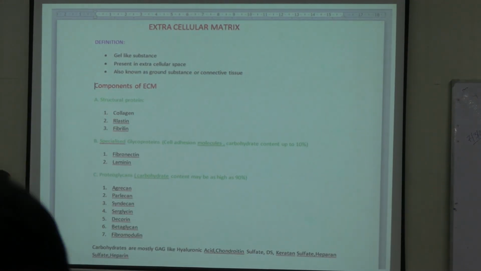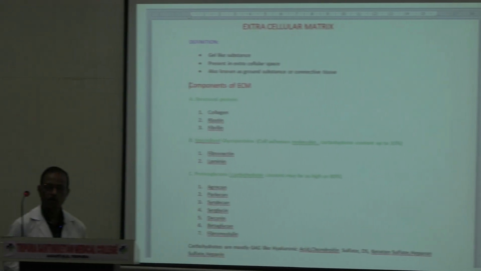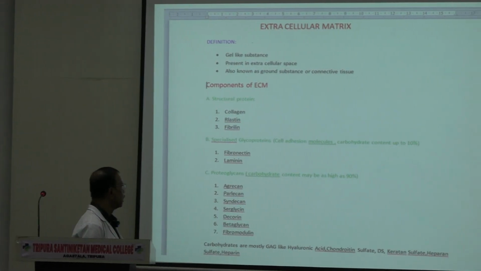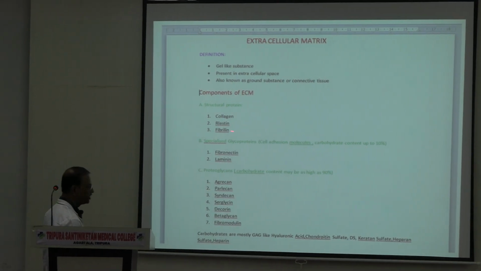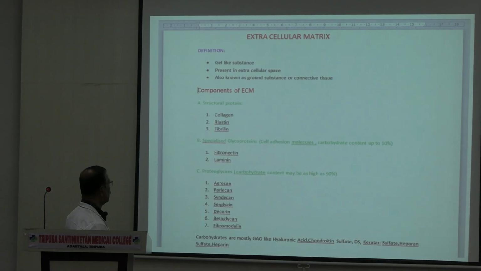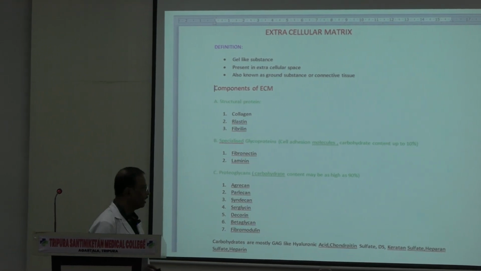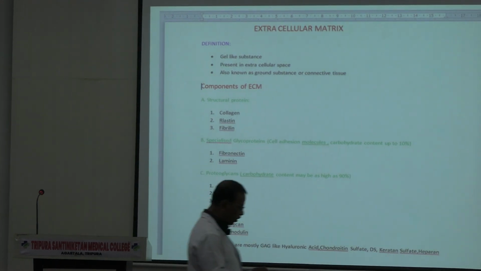In structural proteins, the major component is collagen. Then elastin, then fibrillin. Specialized glycoproteins, these are fibronectin and laminin.